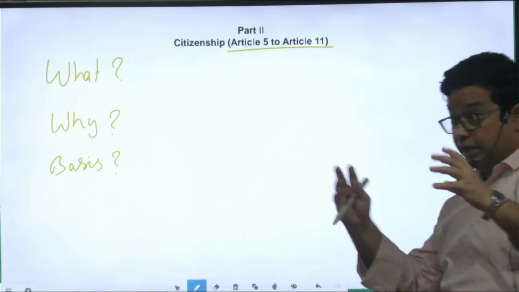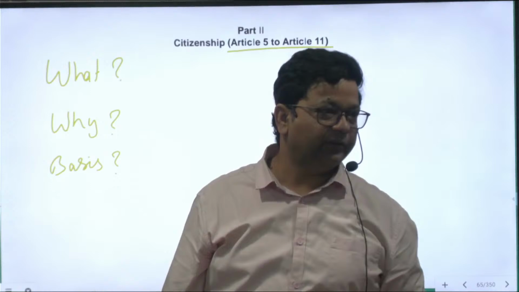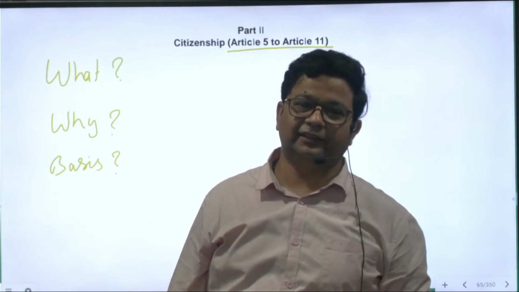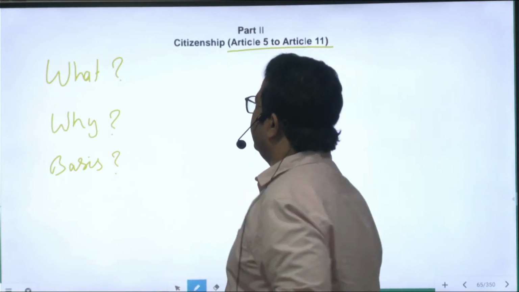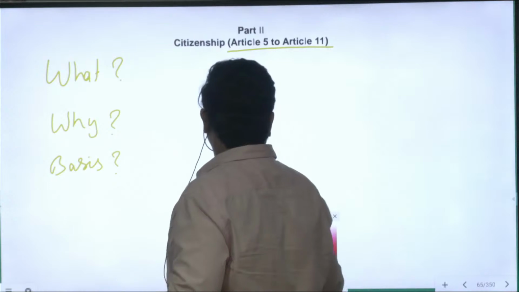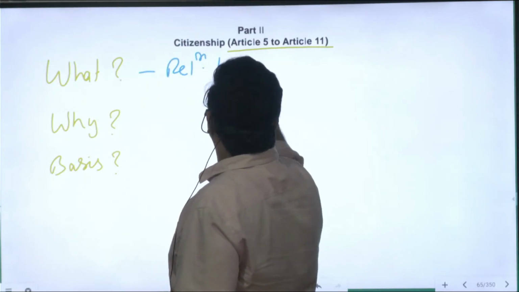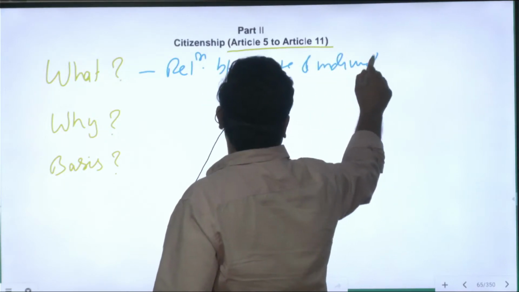Try to think. So what is a citizen? Born in India. Then what is citizenship? Citizenship is a relation between the state and the individual.